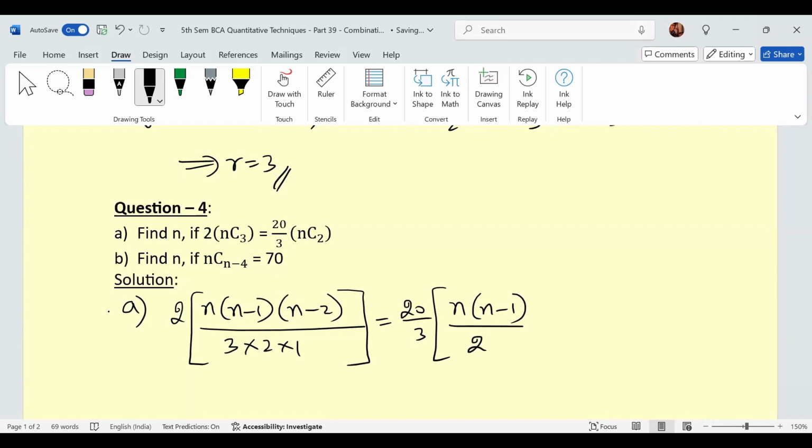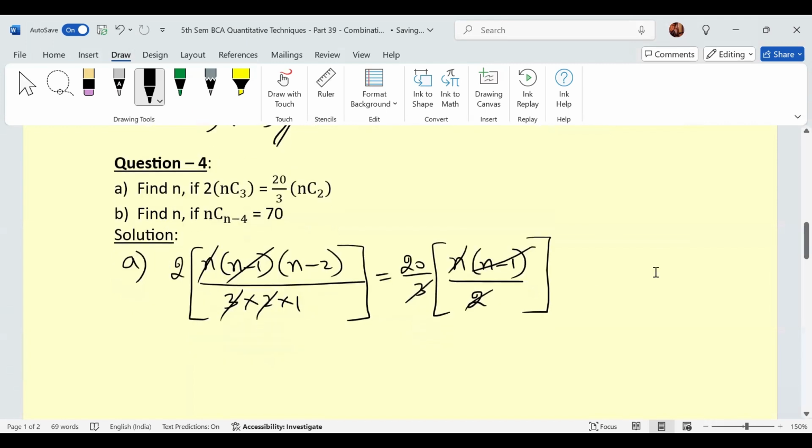Now on both sides we can cancel n, both sides we can cancel n minus 1, and then both sides we can cancel this 2 in the denominator. 3 in the denominator also can be cancelled.